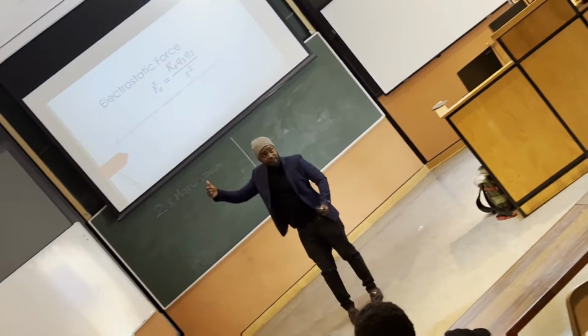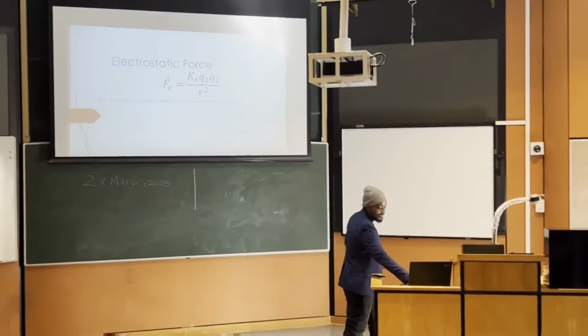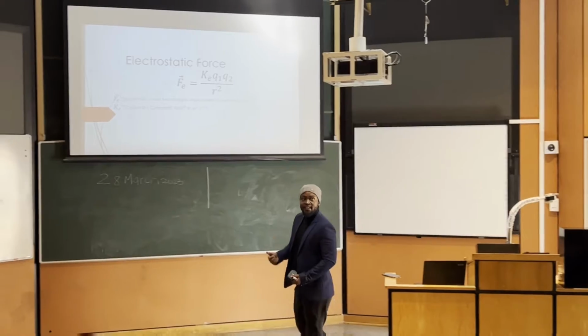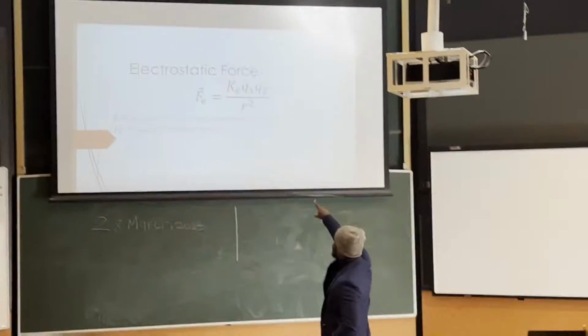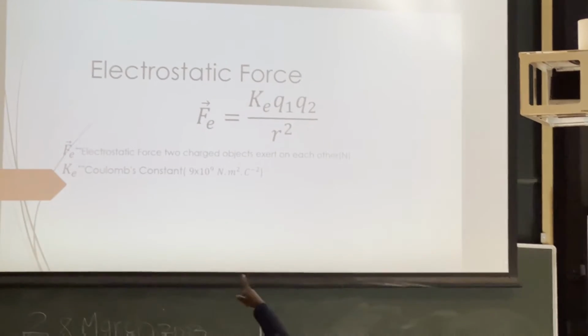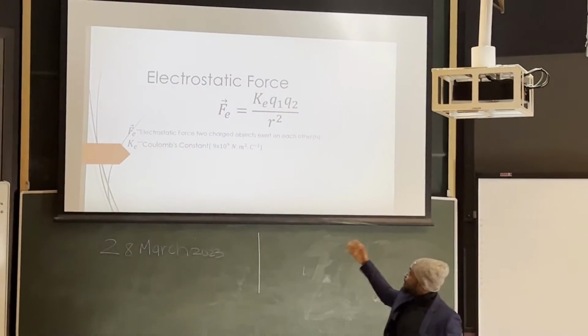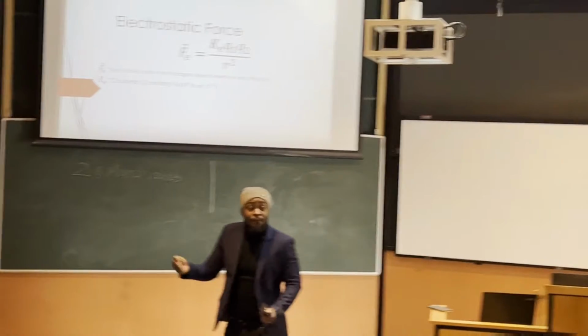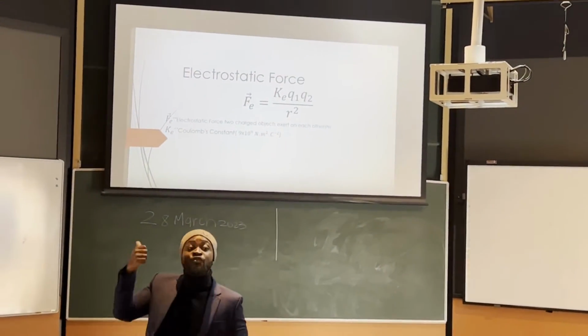So let me just do this. We have the electrostatic force, which is Fe. We have Ke, which is Coulomb's constant. The unit for electrostatic force is the Newton, and for Coulomb's constant, it is Newton meters squared per Coulomb squared, right?